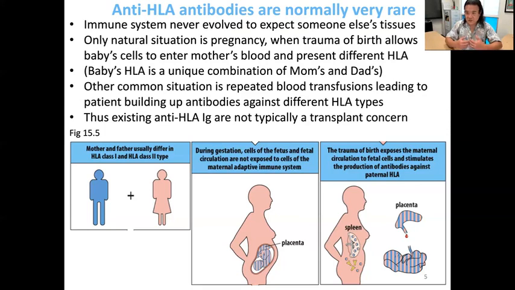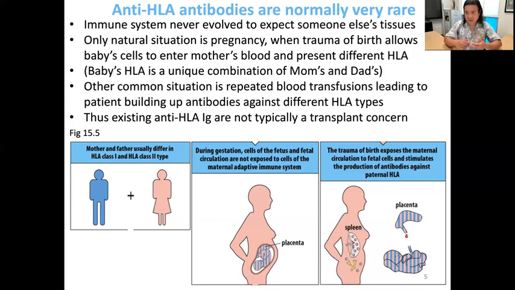So when a person receives blood transfusions, you're not only receiving red blood cells that have ABO blood type and Rh positive or negative, which hopefully is already sorted out before you receive the blood. But think about all the other cells that might be part of that as well. You're going to have other cells that have HLA proteins on them. As a result, that exposure through blood transfusion can lead to the recipient building up an immune memory against particular HLA types.